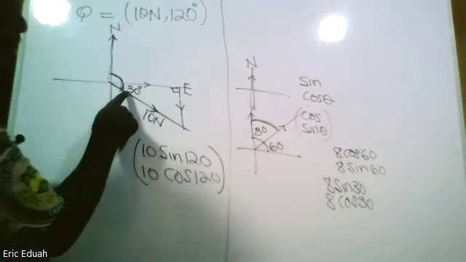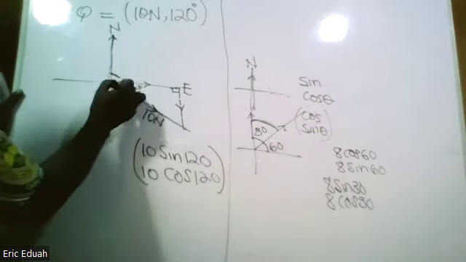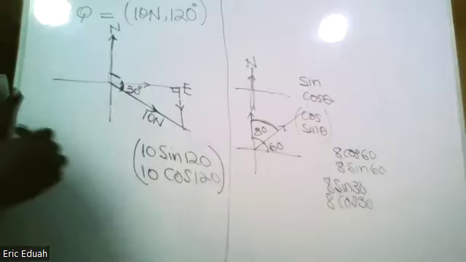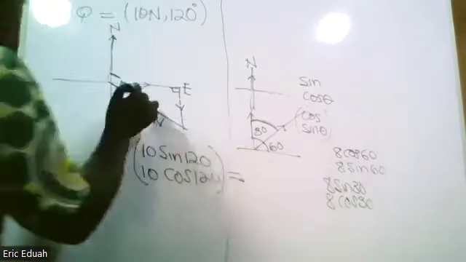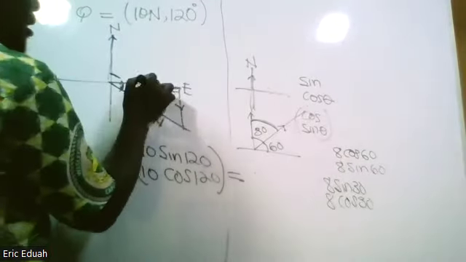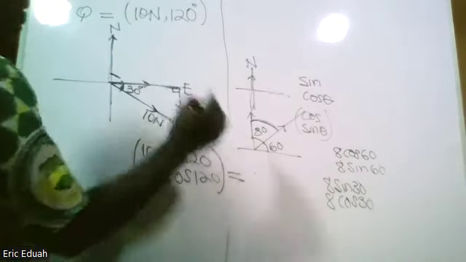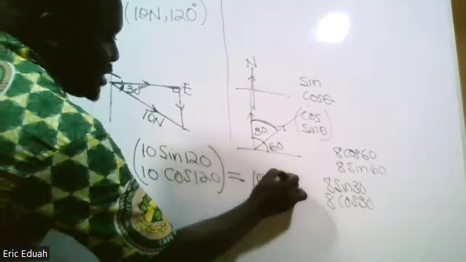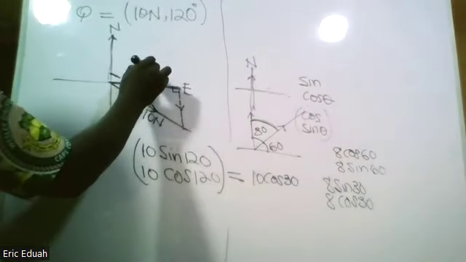I can also resolve the same force using the corresponding angle, 30 degrees. This 30 it makes with the x-axis. Now, when I want to use the angle it makes with the x-axis, the adjacent would be 10 cos 30. This is fx.